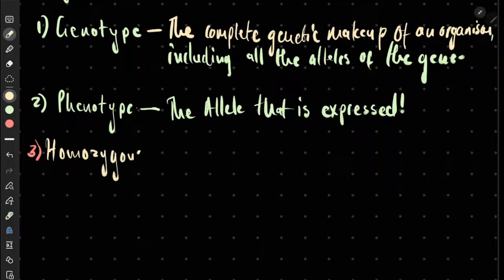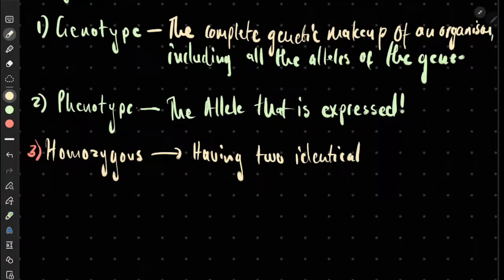We said when you are homozygous, you can either be homozygous dominant or homozygous recessive. Homo means the same. So homozygous means you have two identical alleles. Your dad and your mom gave you the same allele for that gene, whether it's the gene for blood type, hair color, or eye color.